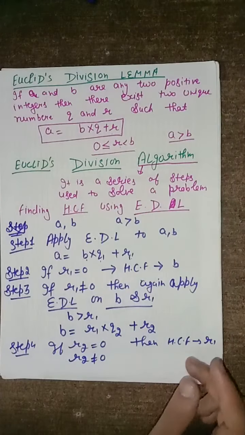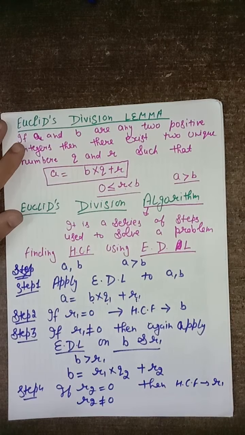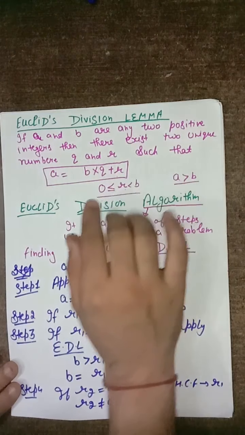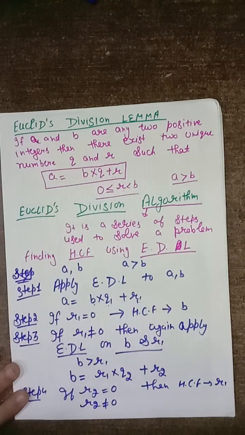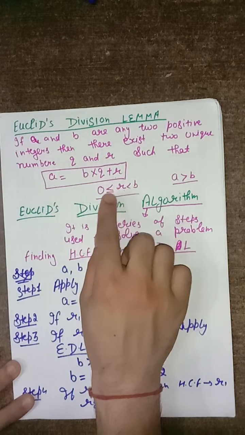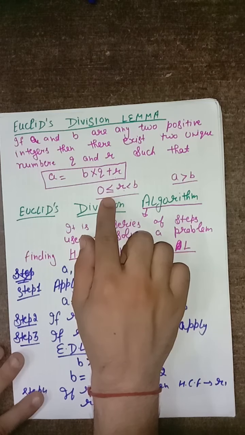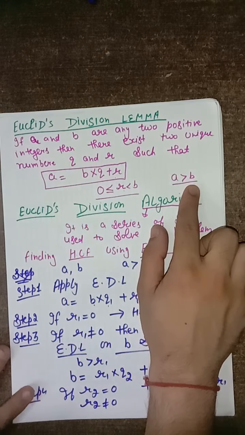The statement of Euclid division lemma is: if A and B are any two positive integers, then there exist two unique numbers Q and R such that A equals B into Q plus R, where R should be less than B and greater than or equal to 0. For A and B, A must be greater than B.